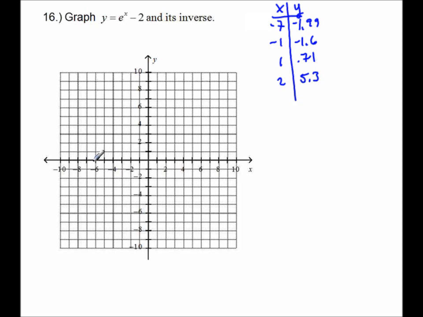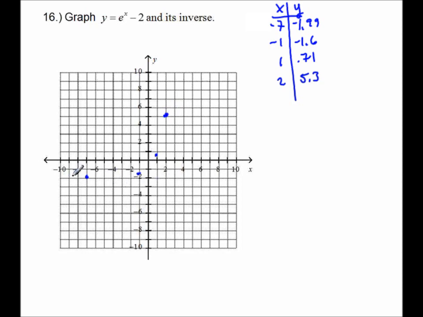So we have -7, and then -1.9 is roughly here, really close to 2, and then -1, and then -1.6 is roughly right about here, and then 1 and 7.1 is going to be somewhere right about there, and then 2 and 5.3 is roughly right about here.